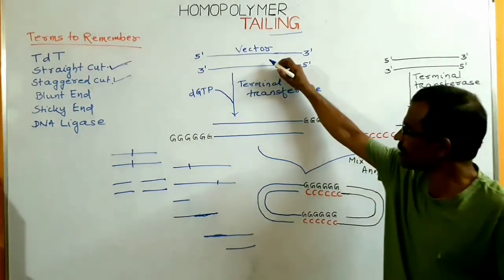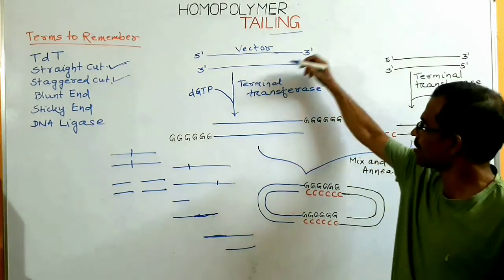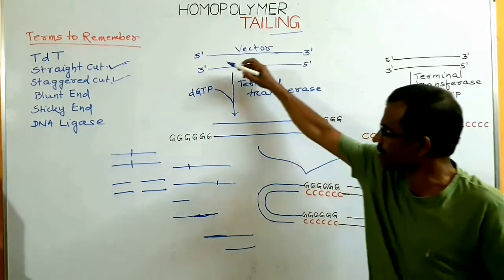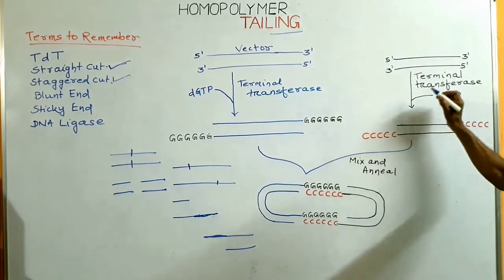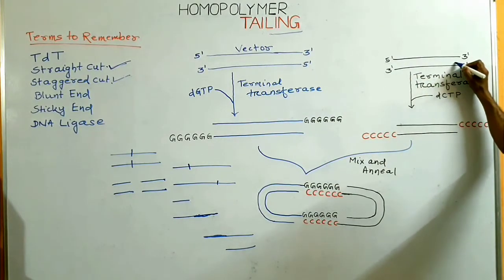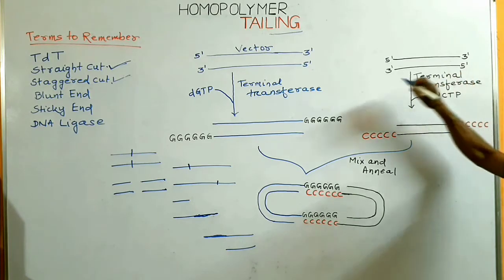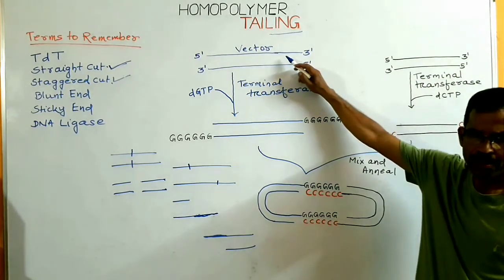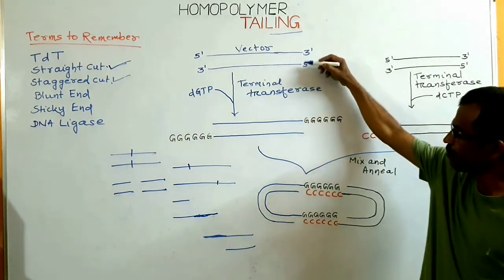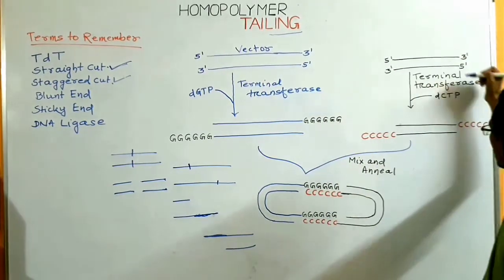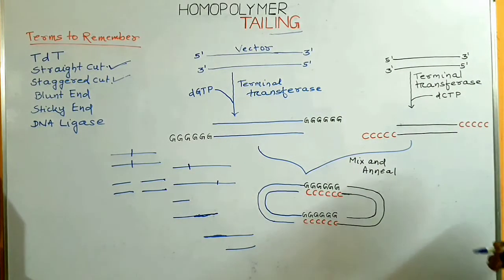For example, this is a vector and this vector has blunt ends. Similarly, this is the DNA insert. This DNA insert we want to clone into this vector. This vector is blunt-ended. This DNA insert is also blunt-ended.